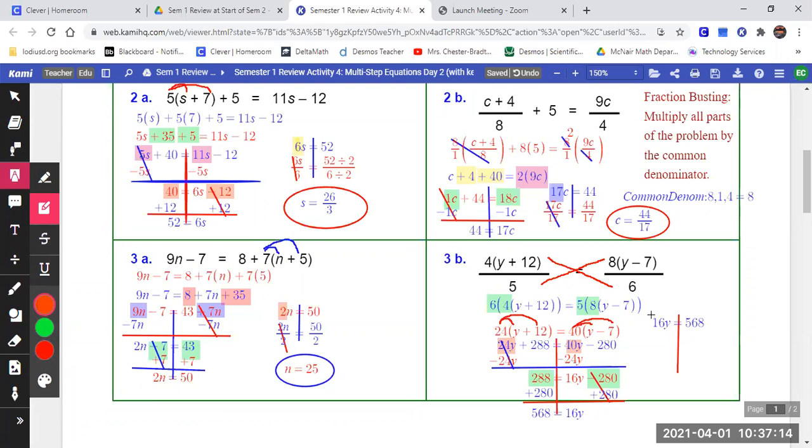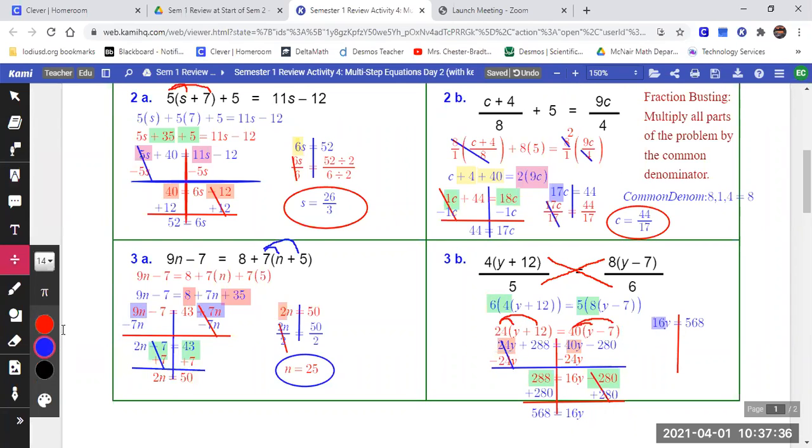What are we going to do to make that 16 go away? Divide both sides by 16, exactly. Divide both sides by 16.